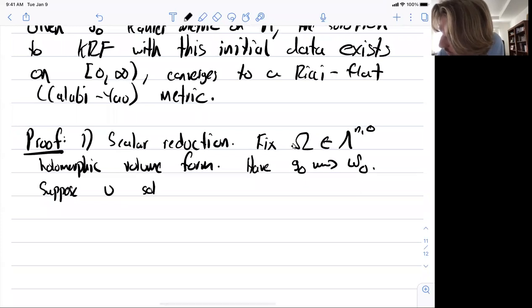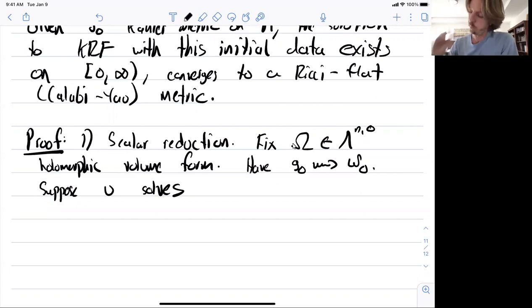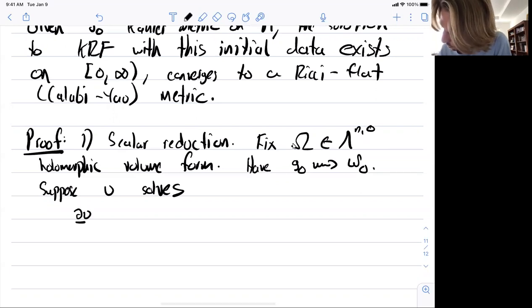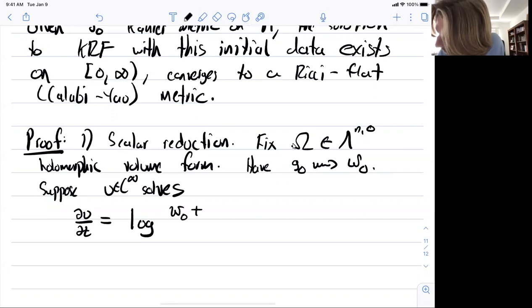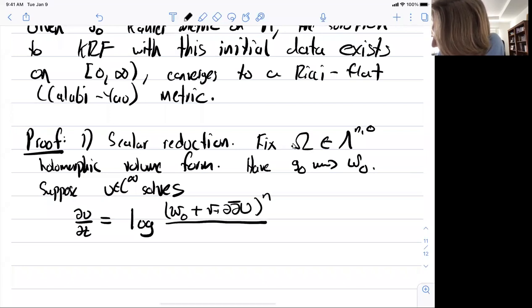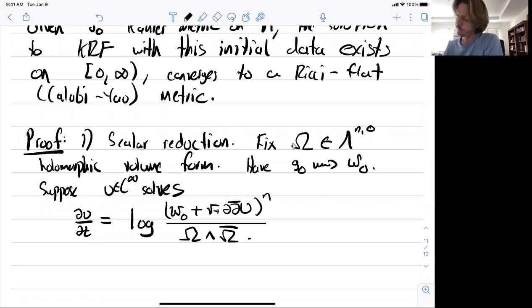that u. So I'm not exactly going to derive the scalar reduction per se, I'm just going to impose it as an ansatz, but it suffices to work this way. So suppose u solves ∂u/∂t, where u is a smooth function depending on space and time, so ∂u/∂t is log of (omega naught plus i ∂∂bar u) to the n, divided by big Omega wedge big Omega bar.